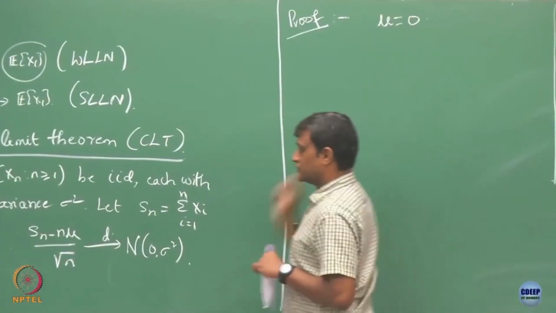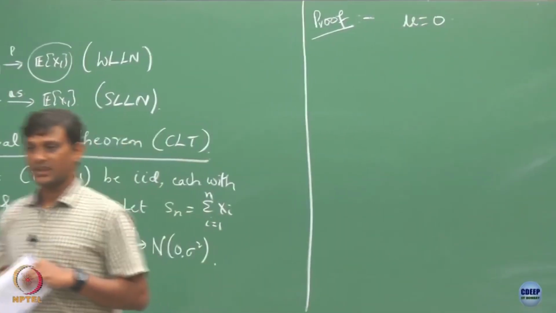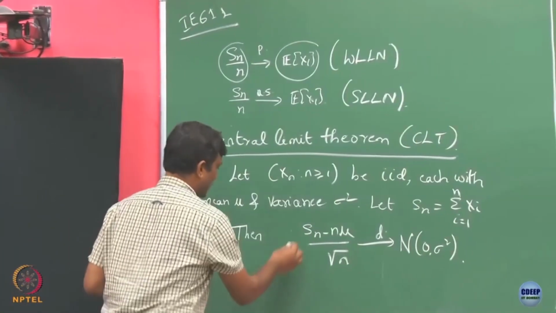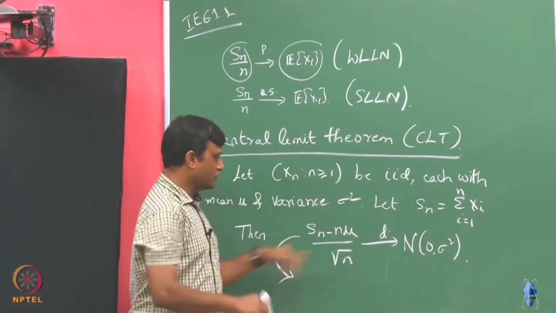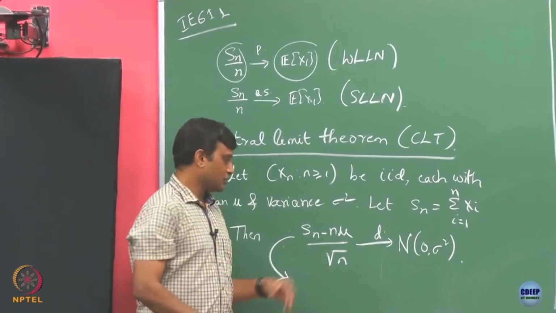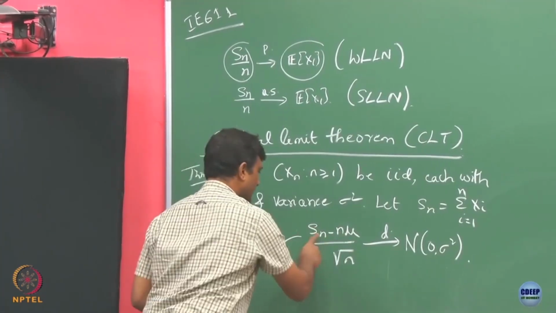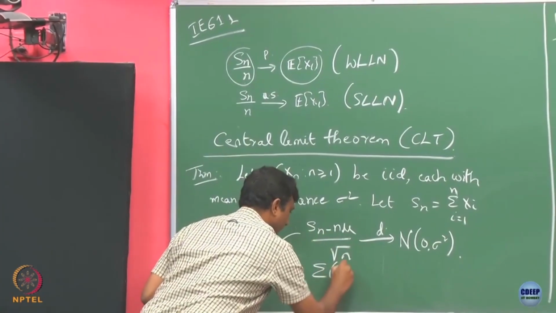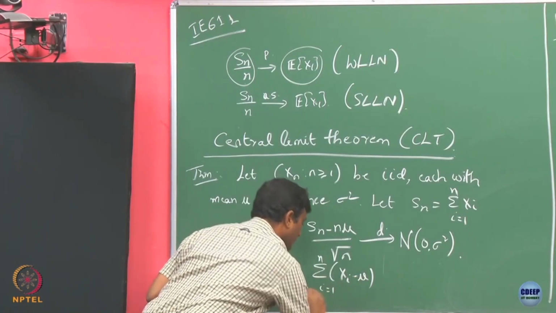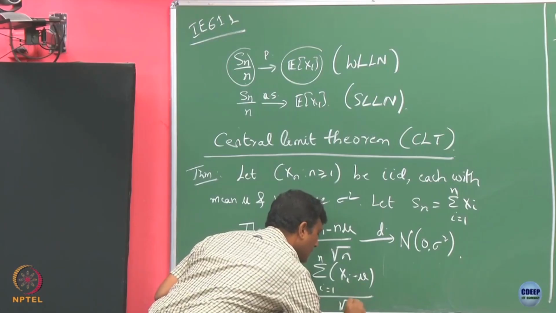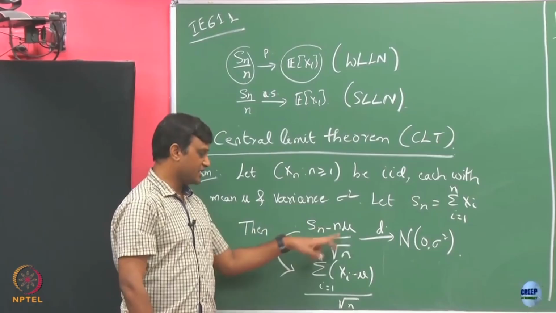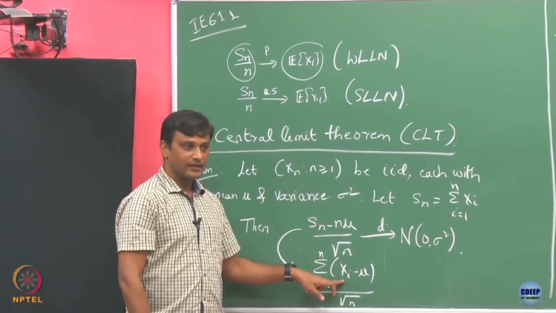If mu is not equal to 0, you can still conclude this straightforwardly. I could as well write the numerator as the sum of xi minus mu, i from 1 to n. I have just replaced Sn minus n mu by the sum of xi minus mu.